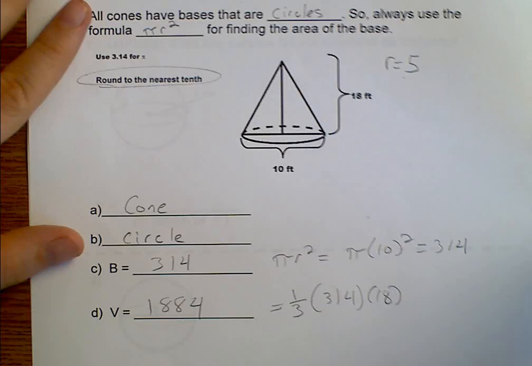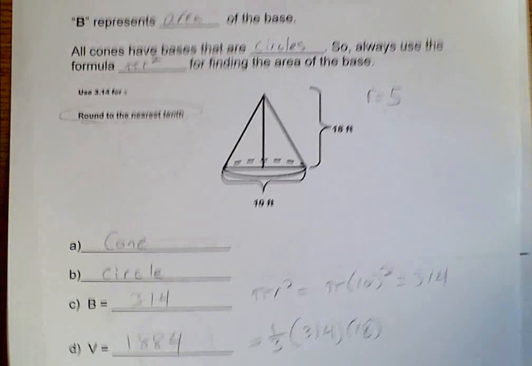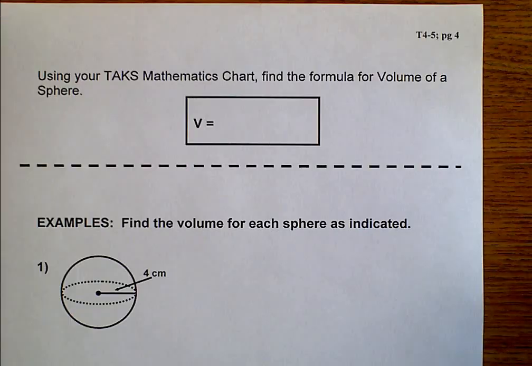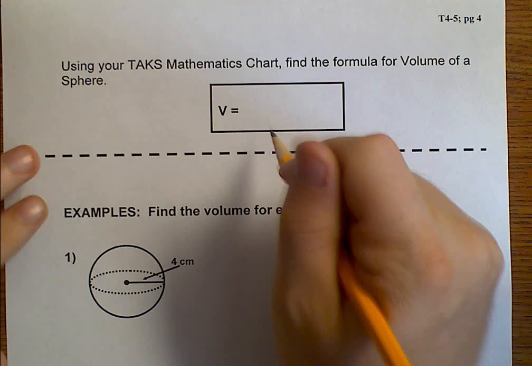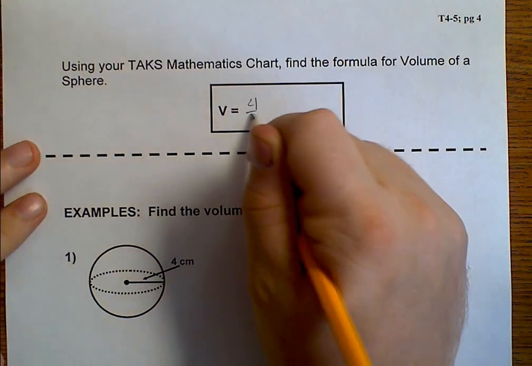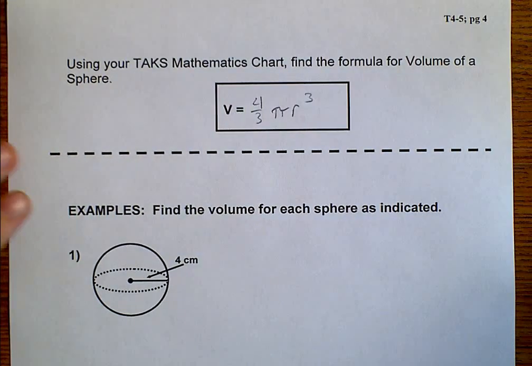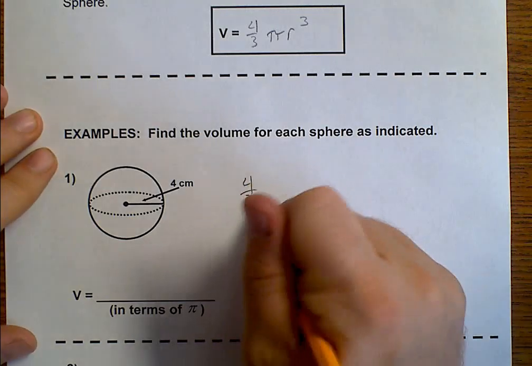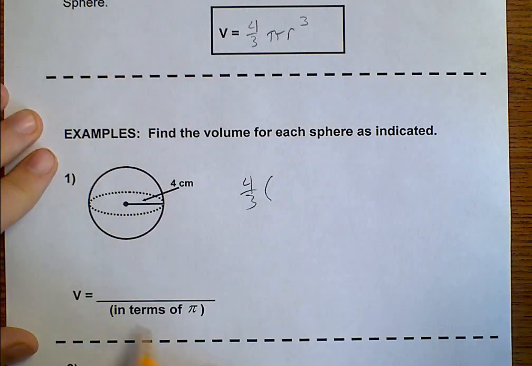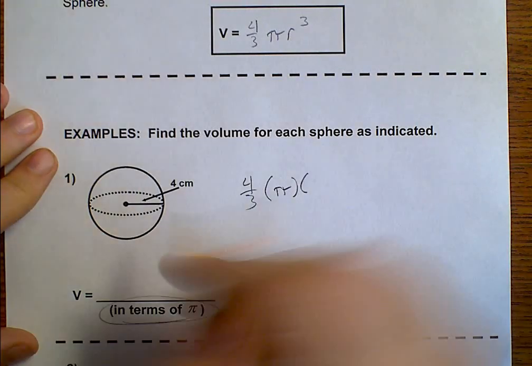And so that's our cone. Moving on to the last page. Here we're talking about spheres. The volume of a sphere is 4/3 pi r cubed. So we want to find the volume of this sphere. We want 4/3 times, leave in terms of pi, times our radius of 4 cubed.